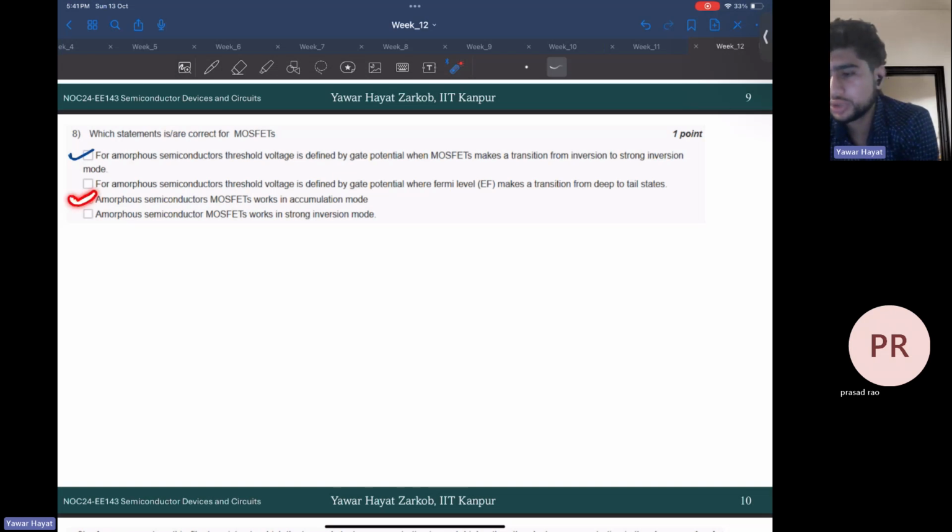So we do use them in accumulation mode. Fine. Just go through the lecture contents again, and if you are not sure why, then we can discuss it over a mail. So we do use amorphous semiconductor MOSFETs in the accumulation mode.